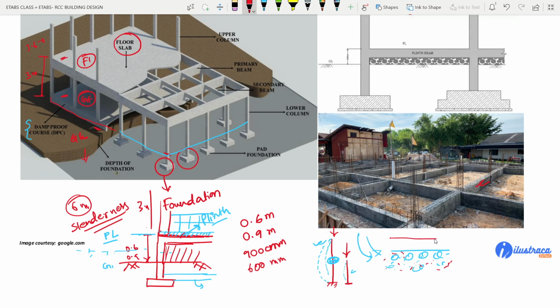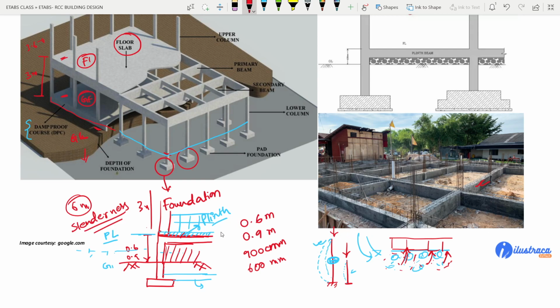And suppose we have a wall here. So what will happen? This water will try to create dampness in the wall itself. So that's why we provide damp proof course at the top of the plinth beam.